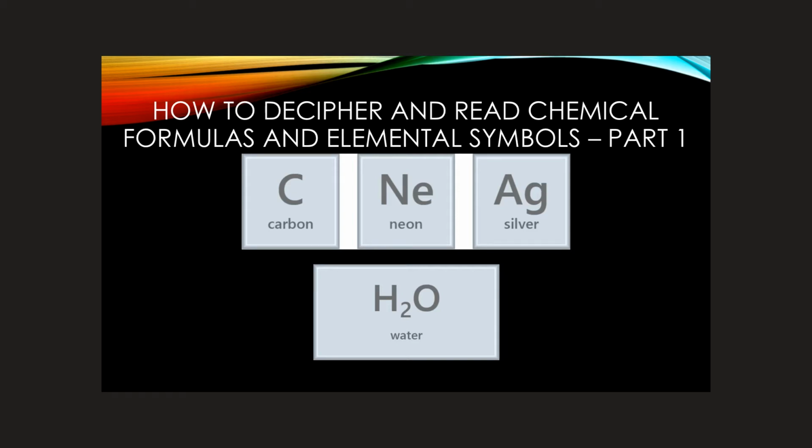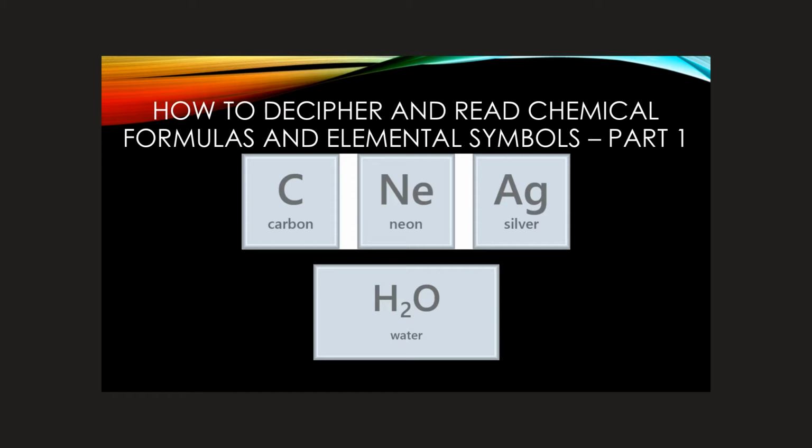So this is part one of a two-part series on how to decipher and read chemical formulas and elemental symbols. Elemental symbols and chemical formulas are the backbone of understanding what the materials are in chemistry. So instead of writing out everything longhand with words, we use chemical symbols to describe a material, a compound, or an element.